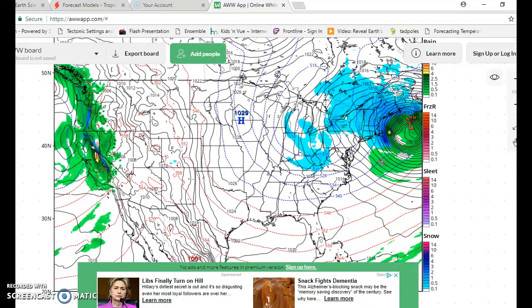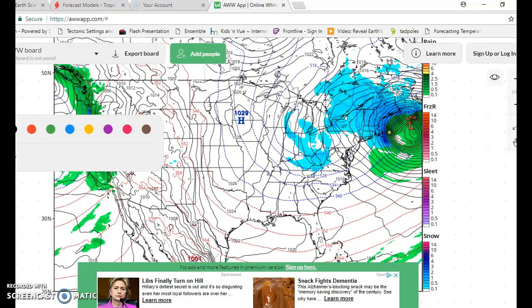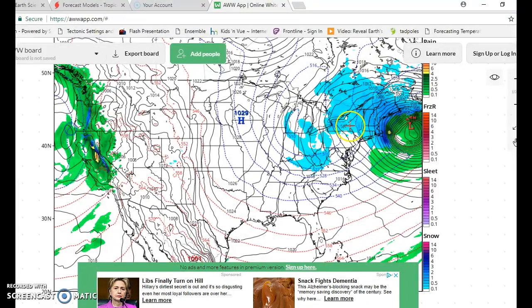Wind direction is a little bit trickier, and that's where I'm going to start drawing a few extra things here on our GFS. So let me pick, let's go with, I think, blue. Okay. So the two things you need to think about is what is in control of the weather in that area, or the wind. If you're looking for if there's any high pressures or low pressures in your area.